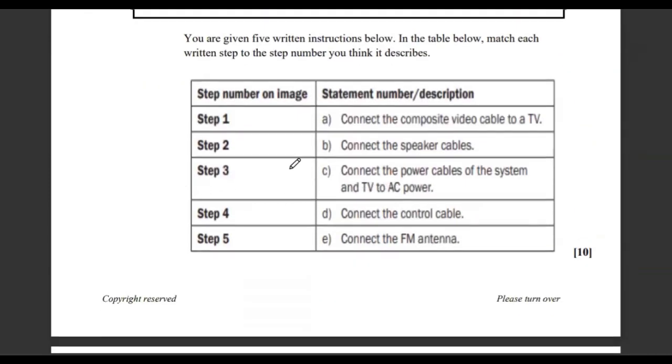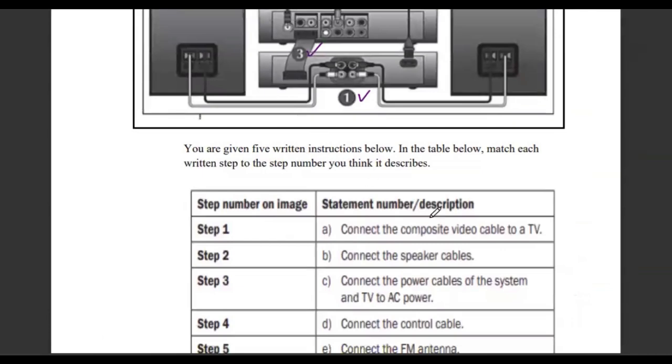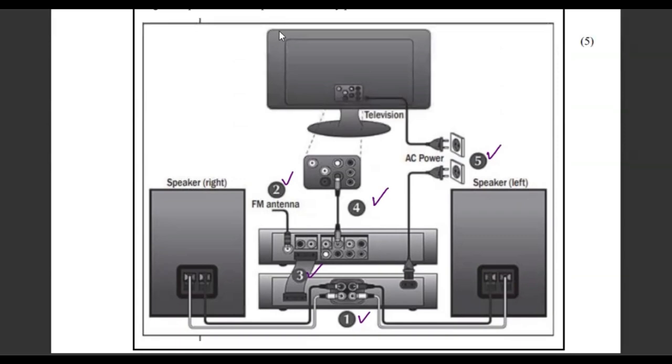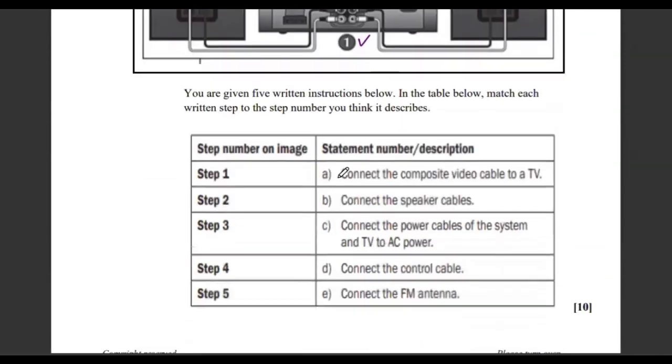For example, instruction number 1 says connect the composite video cables to the TV. It simply means it's coming from here, because this is the TV. So this diagram shows step number 1, this is 4.